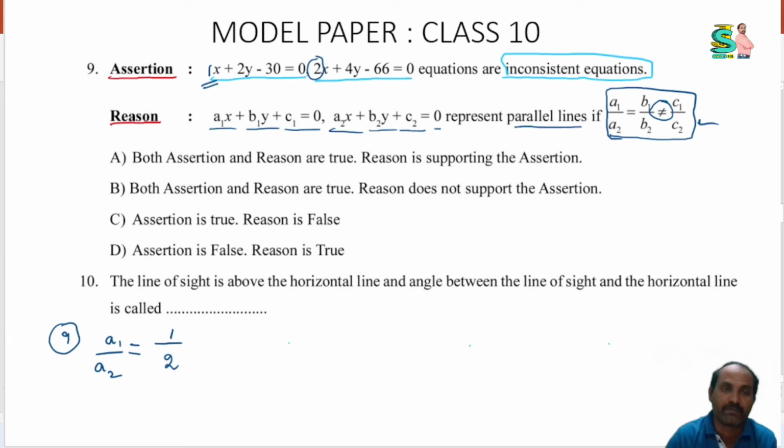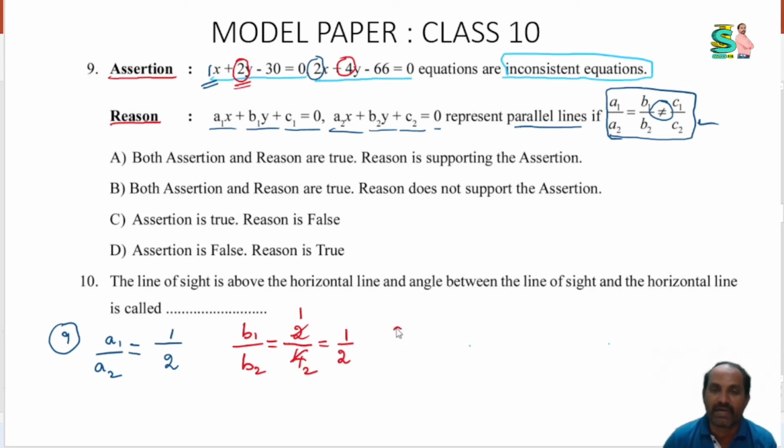Next b1 by b2. b1 means 2 and b2 means 4, so 2 by 4. We can cancel: 2 ones are 2, 2 twos are 4. So 1 by 2.